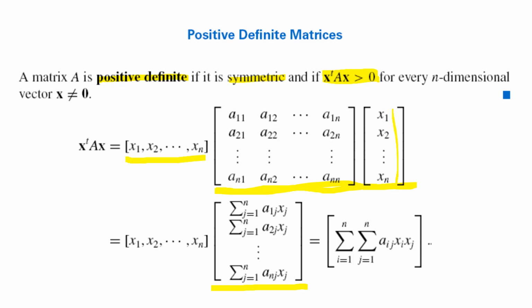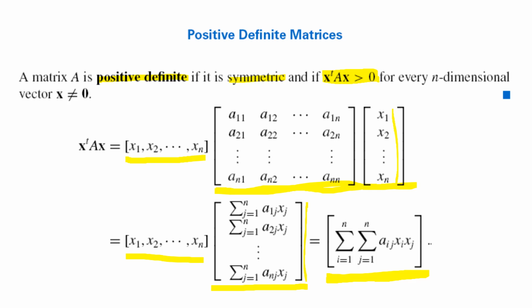And after this, we multiply this row vector with this vector, and we obtain this one identity, which is written in summation form here. We can easily check how this entry or component behaves. We can see, is it positive or negative, is it greater than 0 or less than 0 or equal to 0.